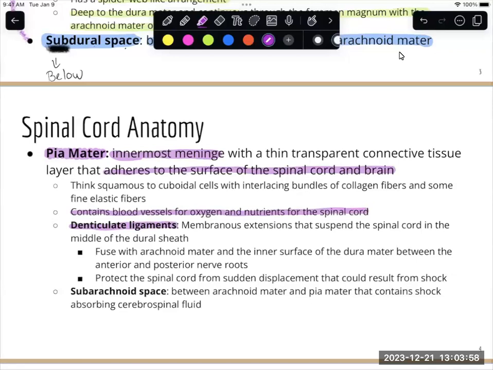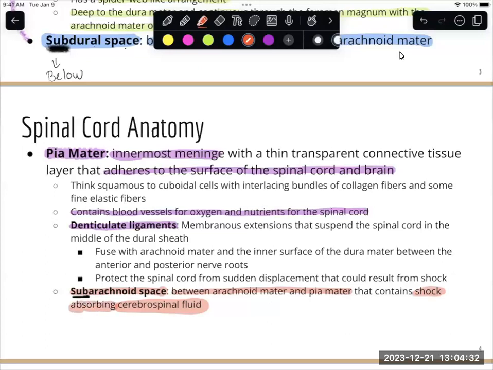The subarachnoid space, again, sub means below the arachnoid layer, or between the arachnoid and the pia. This is where the cerebrospinal fluid is found. The cerebrospinal fluid acts as a shock absorber.